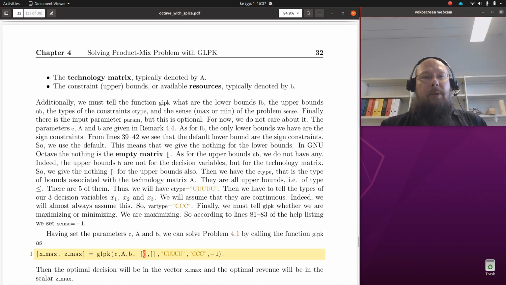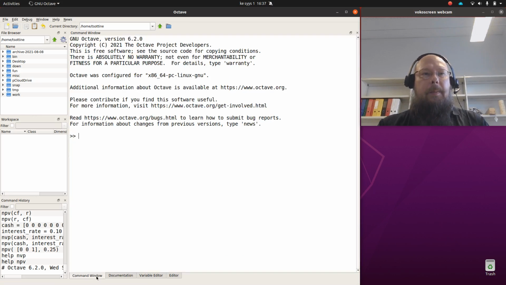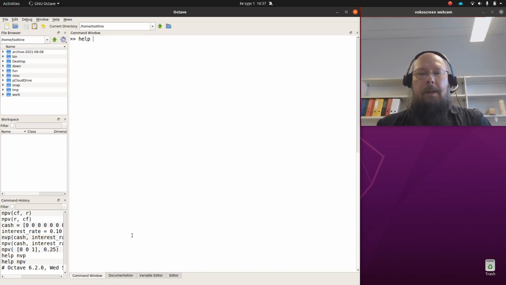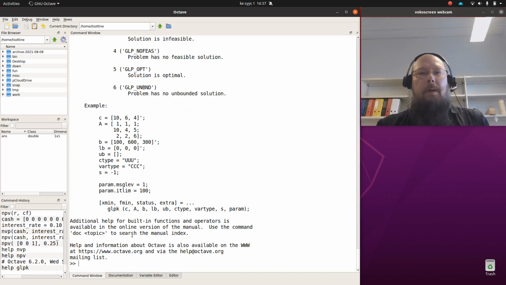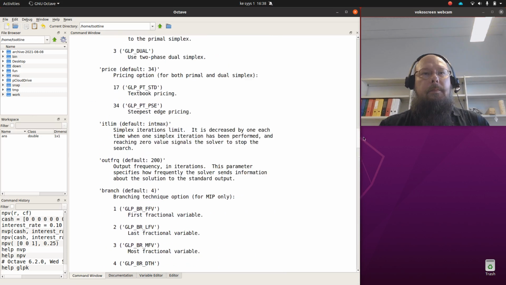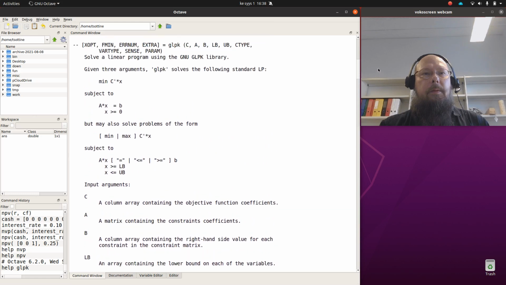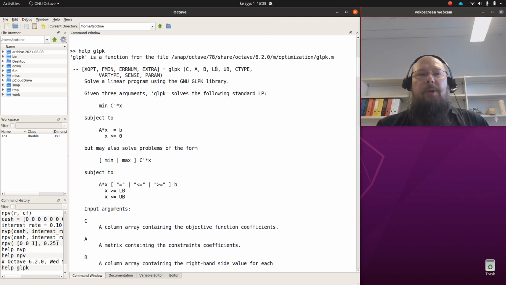Because the first one was the upper bound, and the second one was the lower bound. I don't remember which way they went. Let me look at here. Okay, too much info. I have to scroll back. So here, first were the lower bounds.